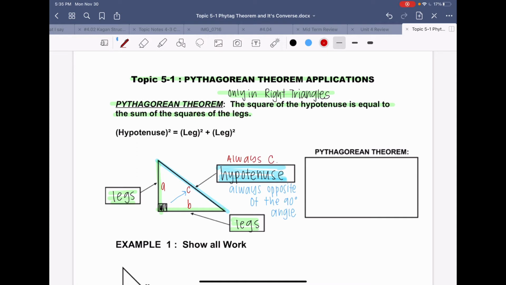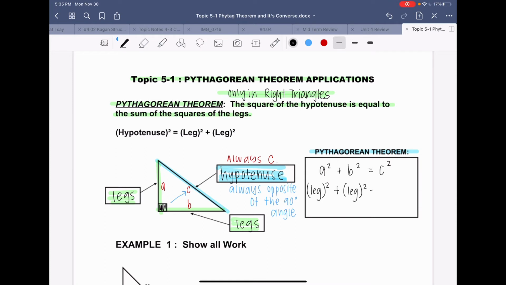Okay? So, the Pythagorean theorem is known as A squared. So one of the legs squared plus the other leg squared equals C squared, the hypotenuse squared.